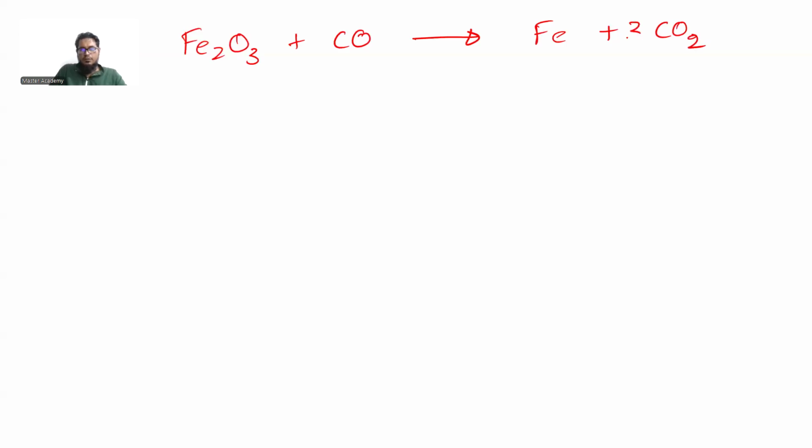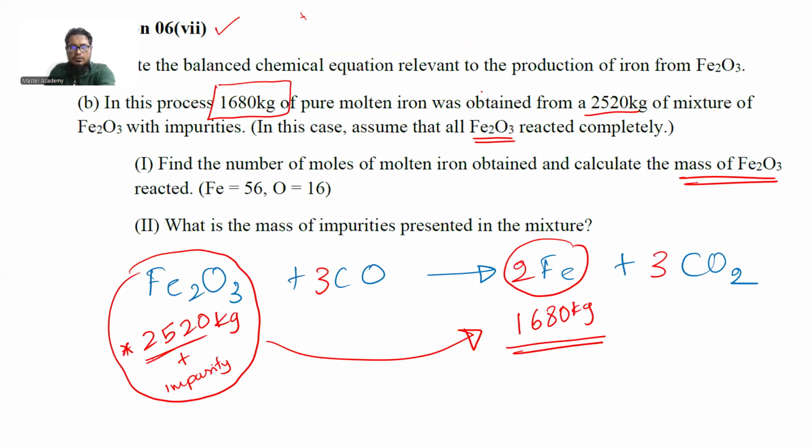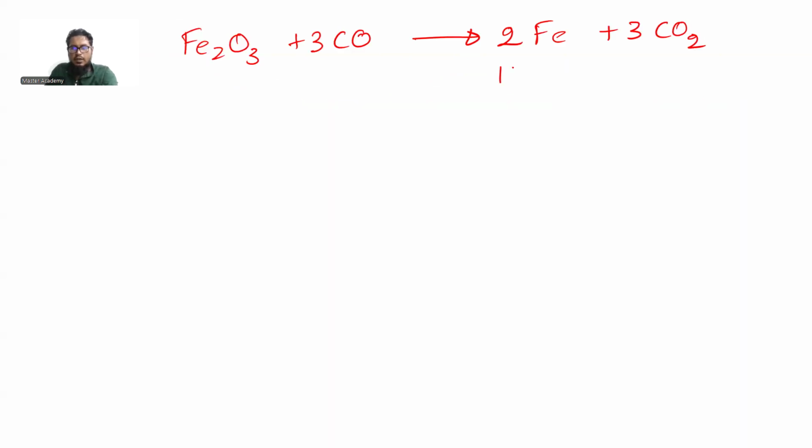I'll transfer this to this page. Fe2O3 plus carbon monoxide will form Fe plus CO2. Here we put 3, here we put 3, and here we put 2. So the mole ratio between this and this is, for every 2 moles of Fe produced, there should be 1 mole of Fe2O3. In the values, 1680 kg.